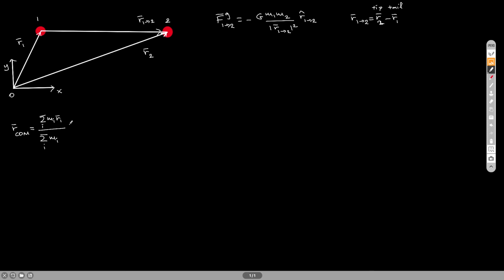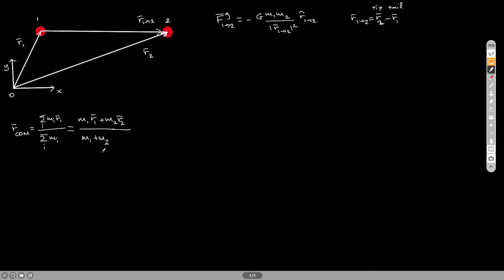What I will remind you of also here is the definition of the center of mass. It is a fraction. In the denominator, I have the sum of all masses. In this case, I have only 2, so I have m1 plus m2. And the numerator is the sum of the product of each mass with its position vector. So it will be m1 r1 plus m2 r2, and if I had another one I would do plus m3 r3 and so on.